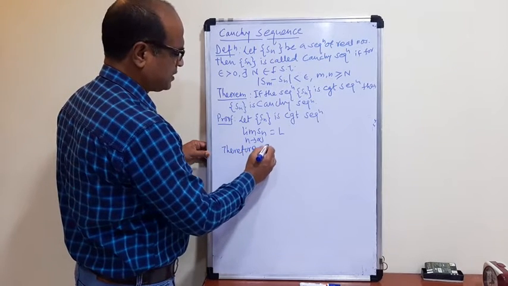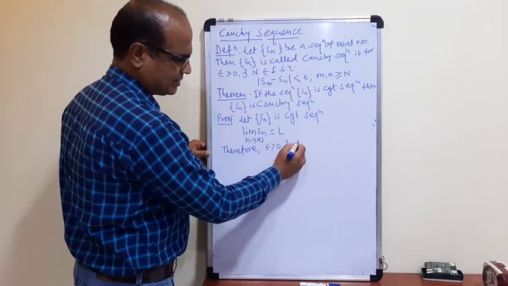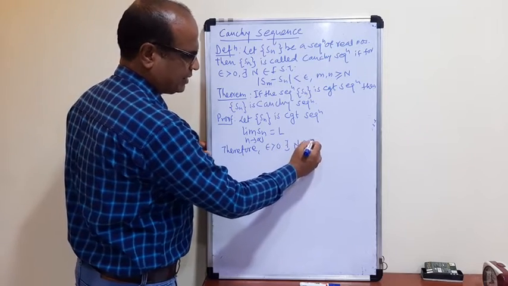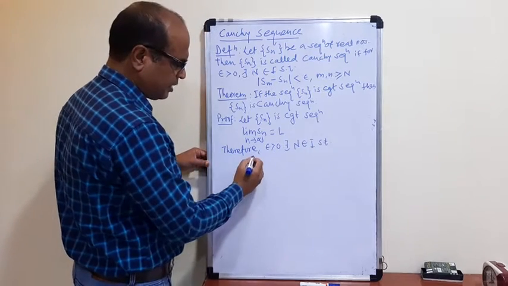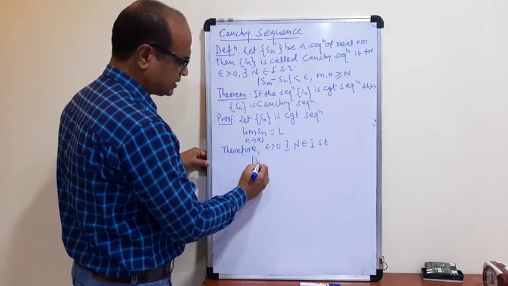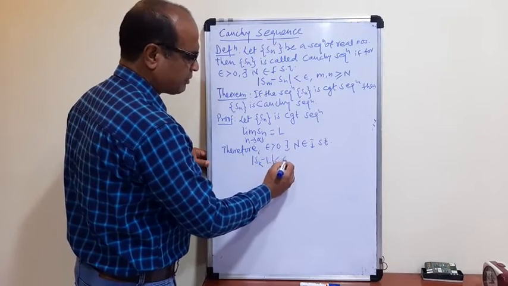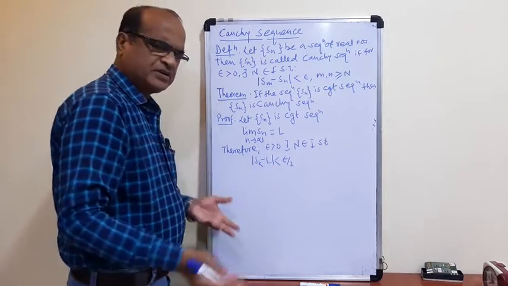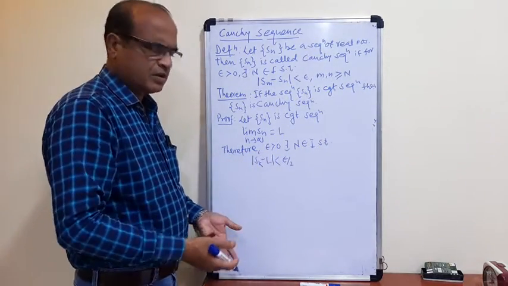Therefore, given epsilon positive, there exists n belongs to I such that, by the definition of limit, mod of Sk minus L is less than epsilon by 2. It doesn't matter whether you take epsilon or epsilon by 2; epsilon by 2 is small, however small, no doubt.